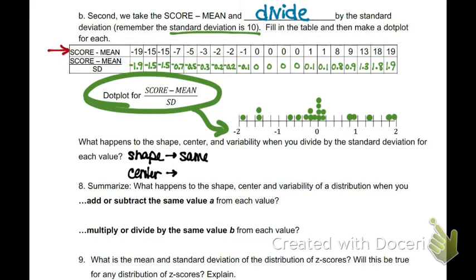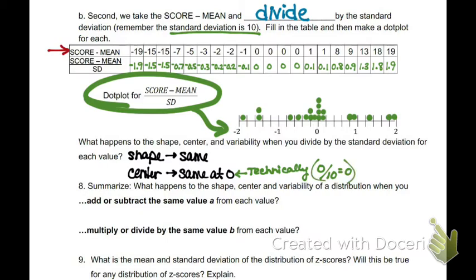At 0. Although technically we did 0 divided by 10, right? Yeah. Okay, so I'm going to actually write that down. Technically 0 divided by 10. So we still get 0, yes.